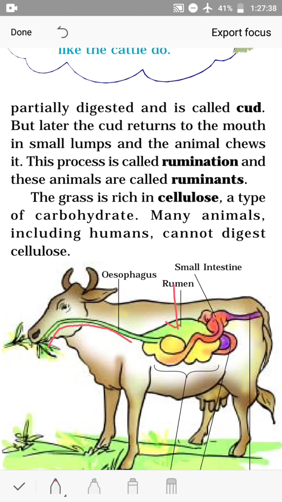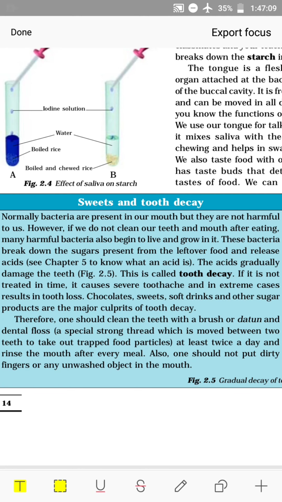So it goes to the rumen and here the food is partially digested and from time to time small lumps of this come back again to their mouth where they chew it properly and after they swallow it, it goes to the next part of the stomach, and then to the small intestine where food is completely digested. So we have learnt about digestion in grass-eating animals.